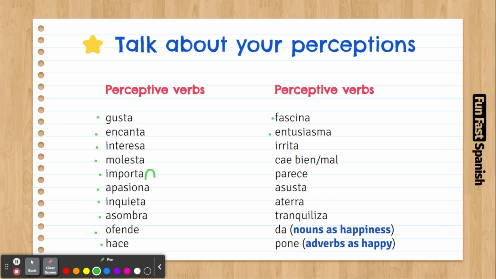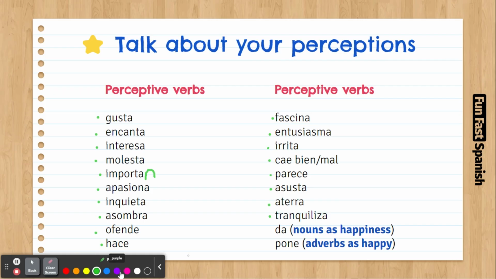It's like I feel excited about working on this. A mí me irrita, irritates. A mí me cae bien o me cae mal. That's when you like a person or you don't like a person enough. A mí me parece, to give your opinion, or when you say for me, a mí me asusta. Asustar is like to be scared. Like, it scares me. Me aterra is also like to be scared. And me tranquiliza is like when you feel like it's calming you down.